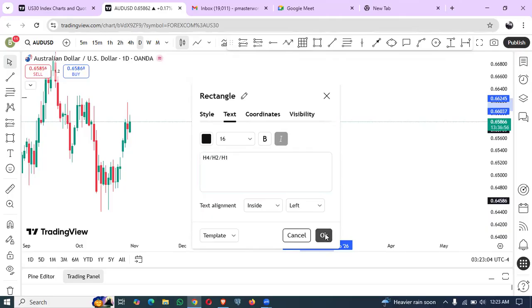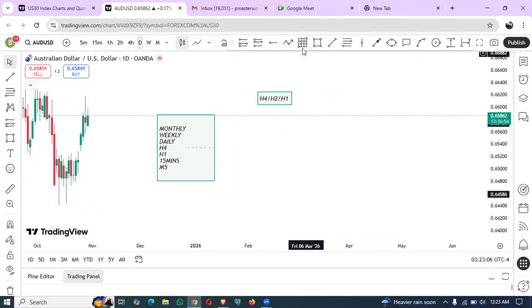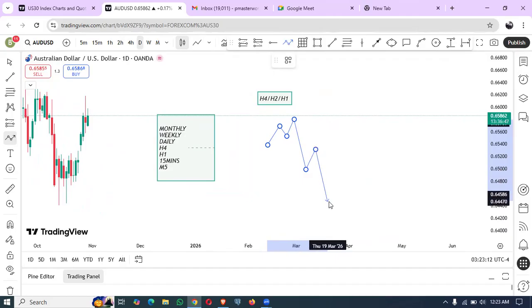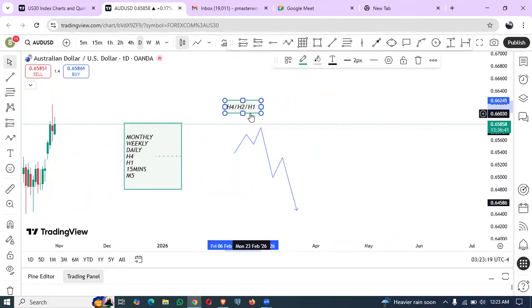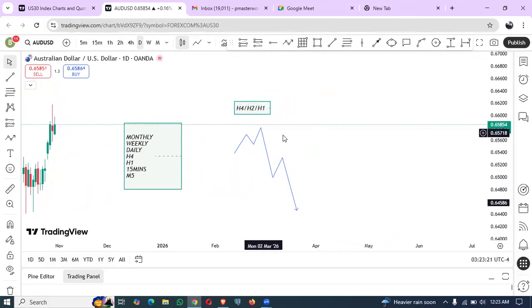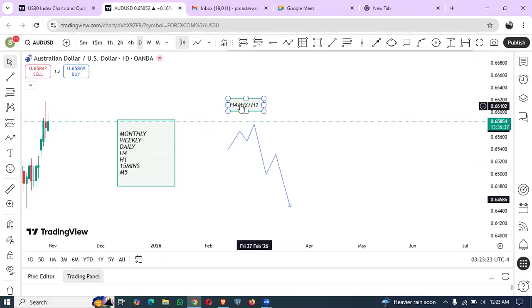By structure, I mean you look for your impulse, look for this push on either of these time frames. Don't go lower for now. Look for this structure on either of these time frames, H2, H4, H1, of the most recent candles.